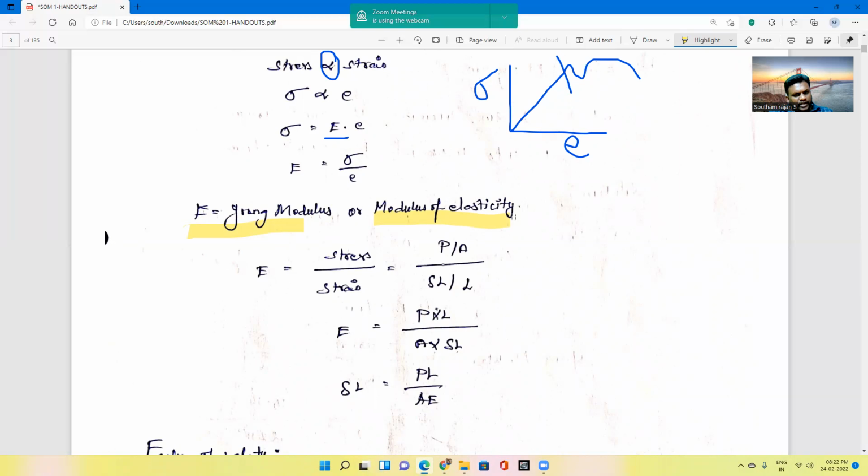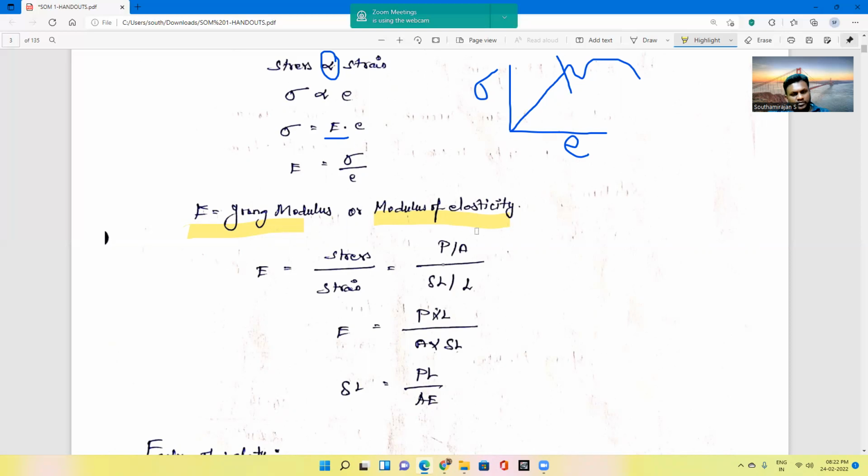The word elasticity indicates that up to that level the material will absorb the load and react, and it will not incur any permanent effect on the material.